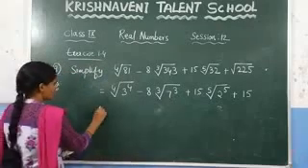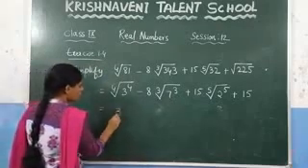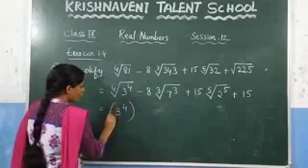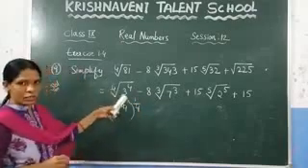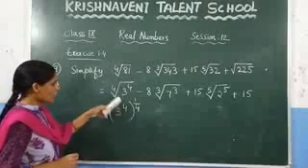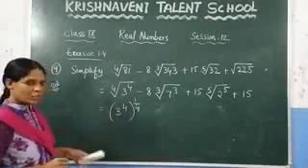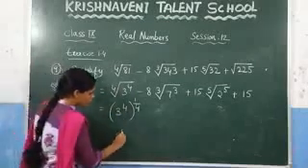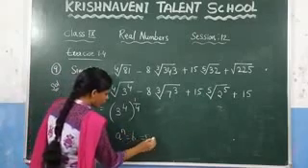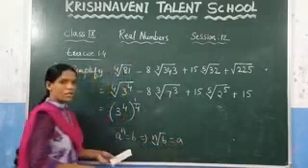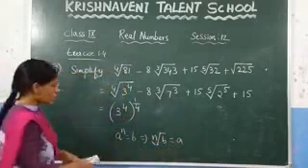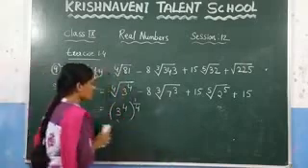Now solve this one. You can write this as 3 power 4 whole power 1 by 4. Since the fourth root of 3 power 4 is there, you can write it the same way. We already discussed, if a power n is equal to b, then we can write nth root of b is equal to a. We discussed this when discussing surds.